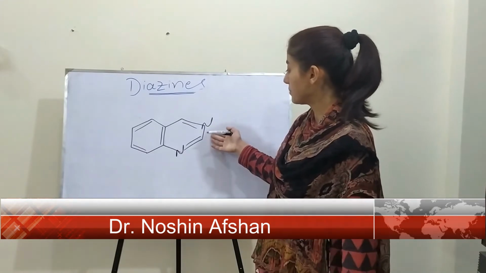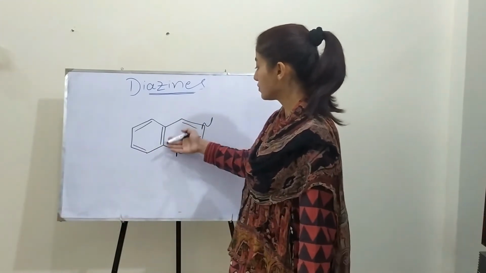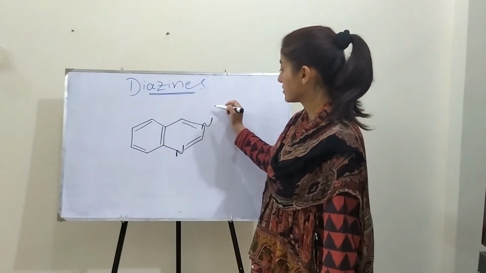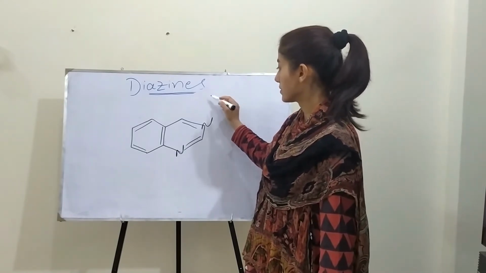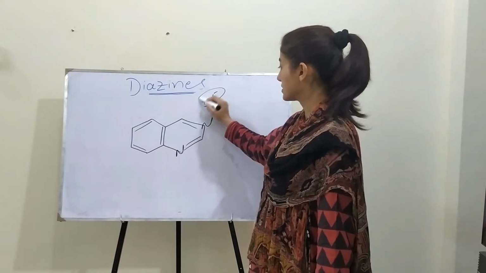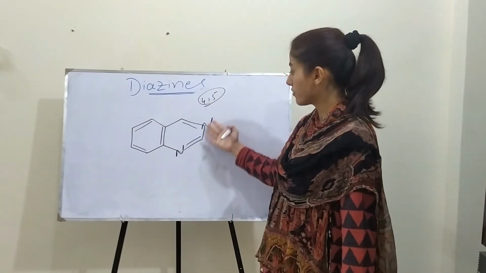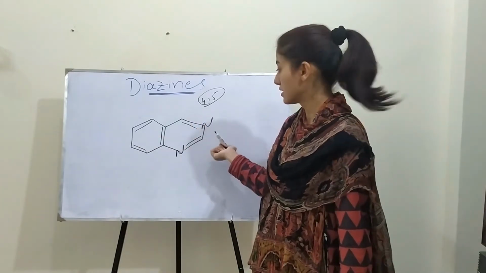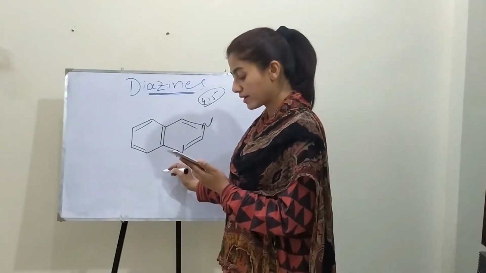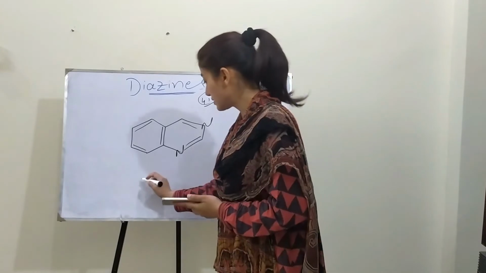So in the case of pyrimidine, the benzene ring gets fused at the 4 and 5 positions. At the 4-5 positions of the pyrimidine, the benzene ring gets fused to form the new product, that is quinazoline.